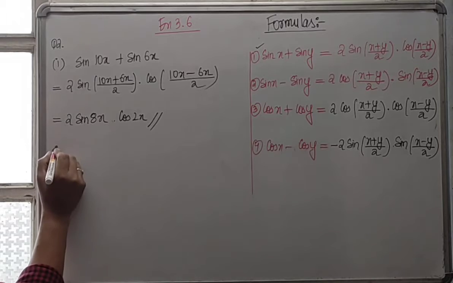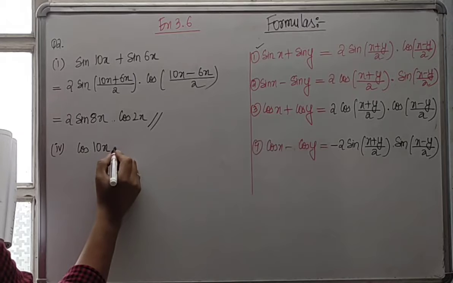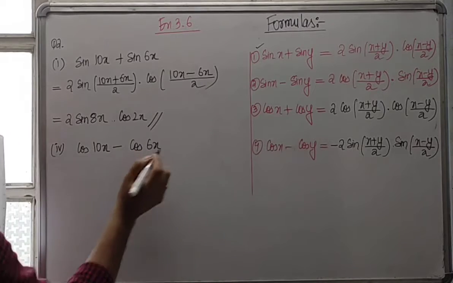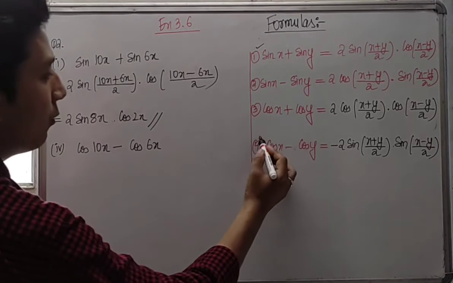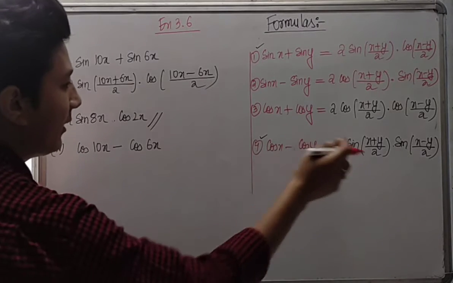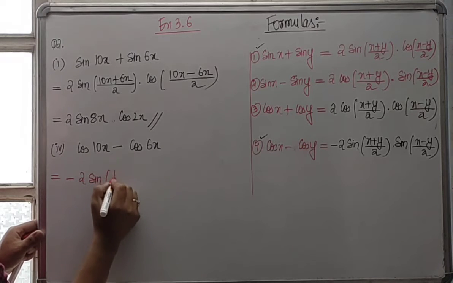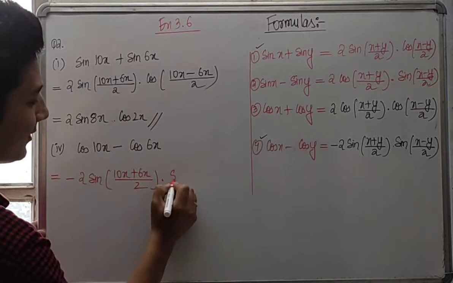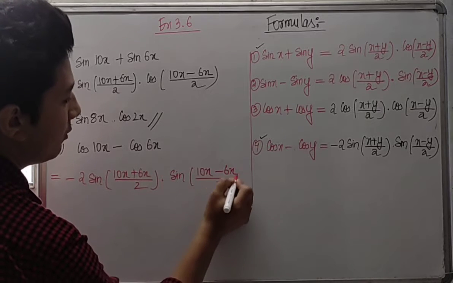So 2 part 4. The question is cos 10x minus cos 6x. Tell me which formula is applicable here. I believe it is formula number 4. So if I use formula number 4, the formula says cos x minus cos y equals minus 2 sine (x plus y) by 2, that is (10x plus 6x) by 2, into sine (10x minus 6x) divided by 2.